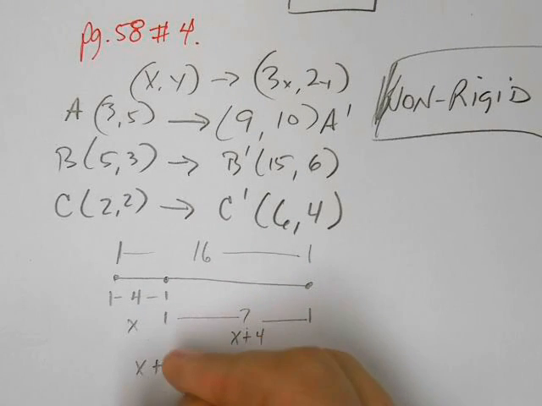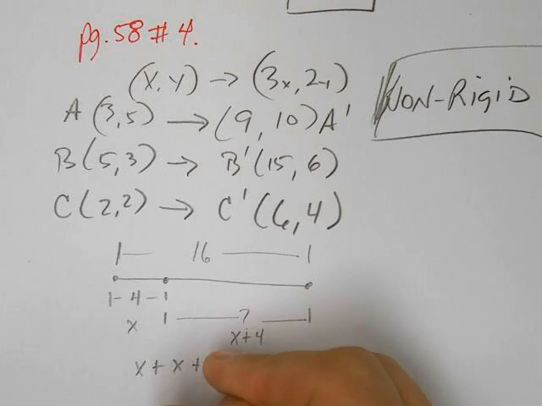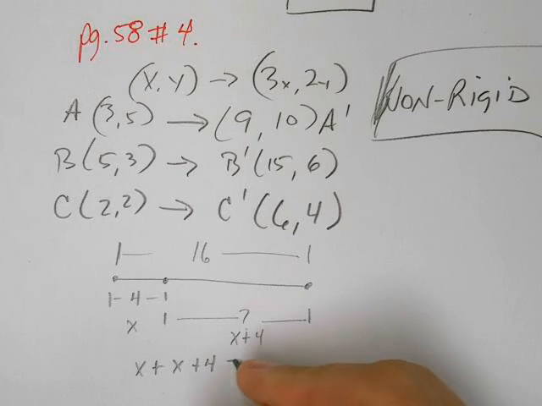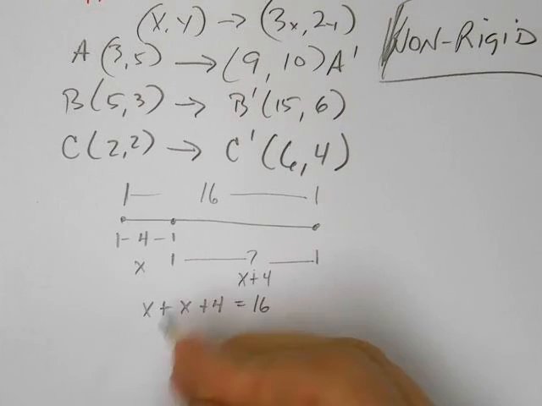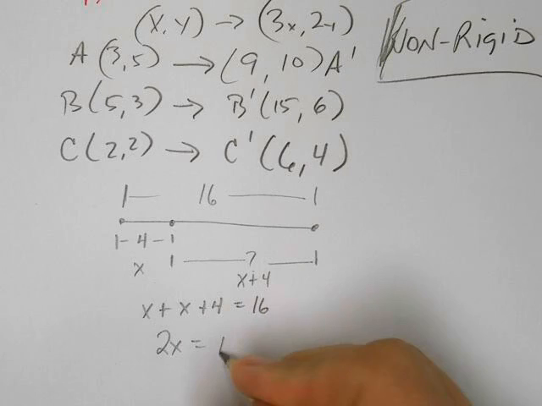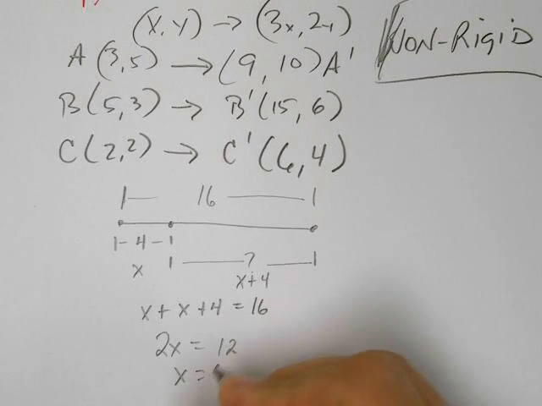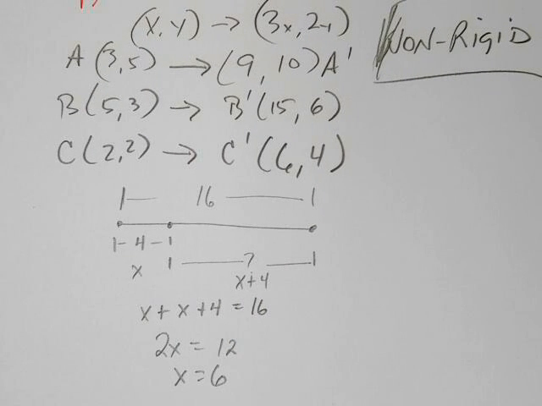Then you've got to set up an equation: x plus x plus 4 is equal to 16. Do you guys remember us doing examples like that? We had a homework assignment on it, and also we did problems. In that case, we would solve for x. 2x is equal to 12, and then x is equal to 6. Does that make sense? We good?